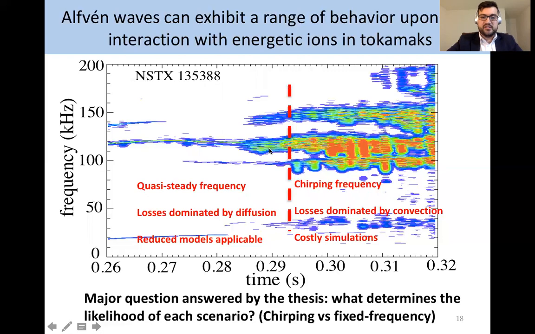Those two scenarios are very different when it comes to the losses of fast particles that are induced by those oscillations. In this quasi-steady frequency regime, the losses are dominated by diffusion, as opposed to the chirping regime, in which the losses are dominated by convection. So in this case here of constant frequency, reduced models are applicable.